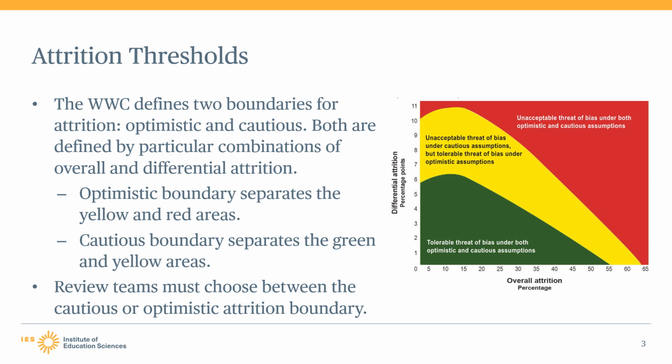If the WWC reviews studies under a cautious attrition boundary, the yellow shaded area is taken to mean high attrition. However, if the WWC reviews studies under an optimistic boundary, the yellow shaded area means low or tolerable attrition. For more detailed information on the WWC's General Attrition Standard and attrition boundaries, see the Group Design Standards training modules.